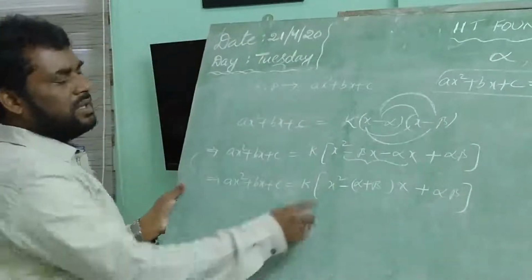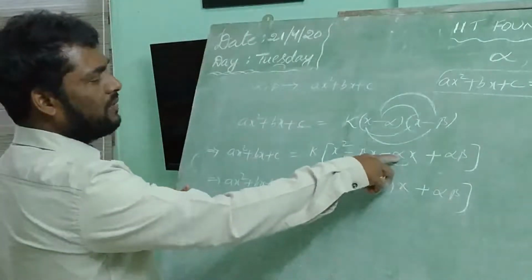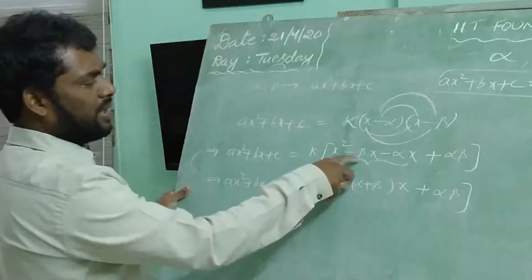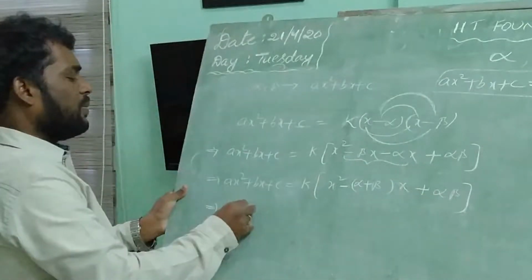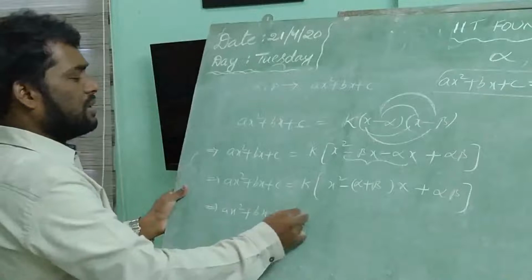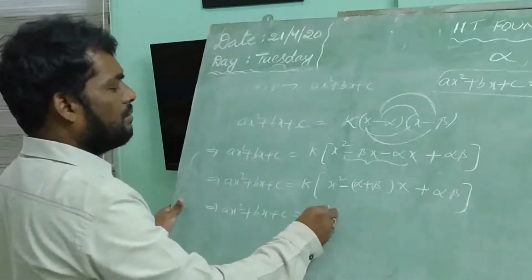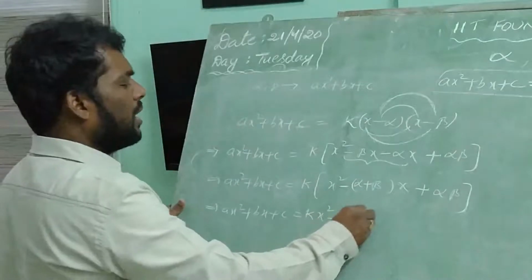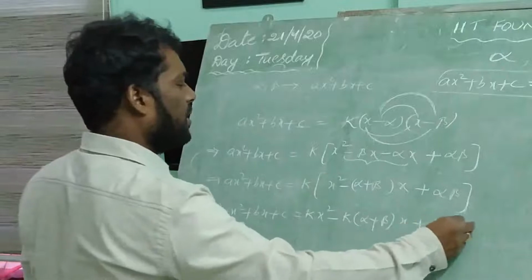Is it the same or not? x square minus alpha x minus beta x plus alpha beta. Now ax square plus bx plus c is equal to k into x square minus k into alpha plus beta into x plus k into alpha beta.